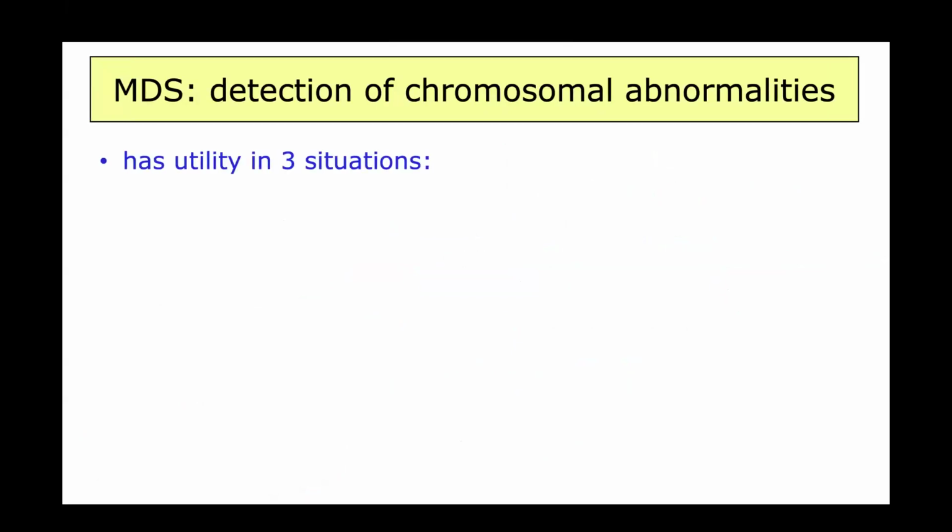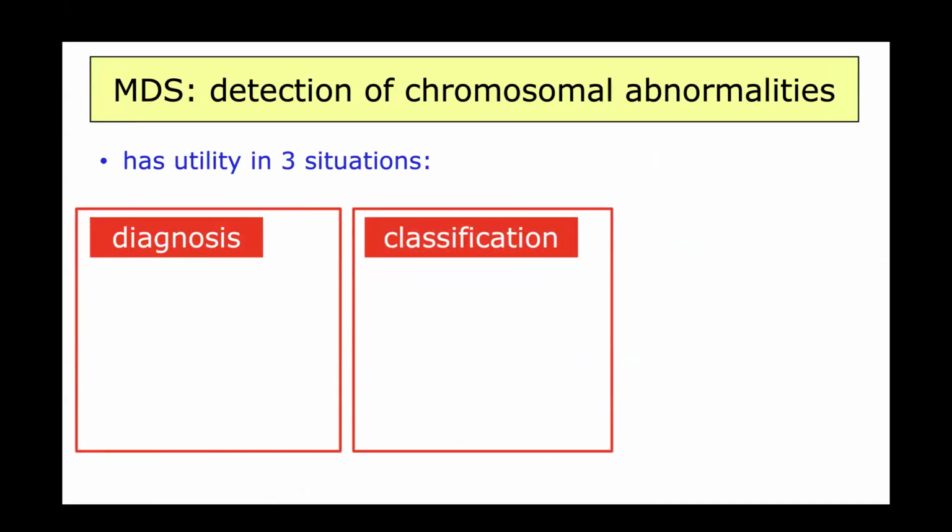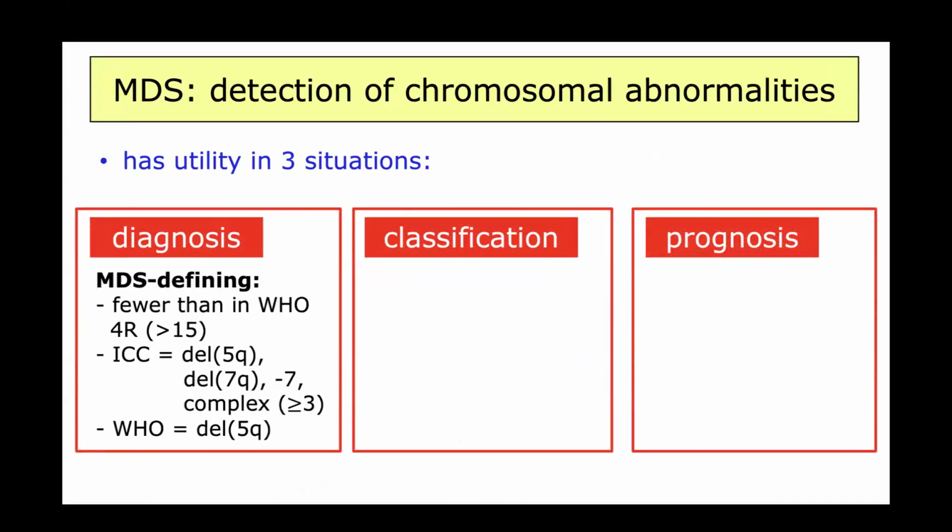This really has utility in three broad situations: diagnosis, classification, and prognosis. There are some MDS-defining cytogenetic abnormalities, and these have been whittled down, for whatever reason, as compared with the WHO from 2016 or 17, the revised 4th edition, in which there were more than 15 MDS-defining cytogenetic abnormalities.